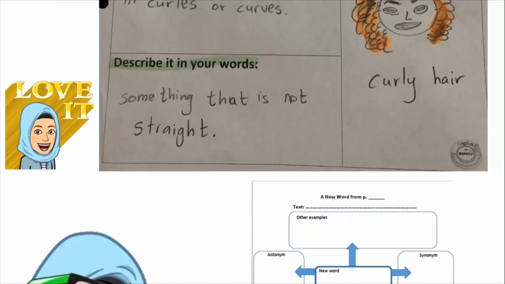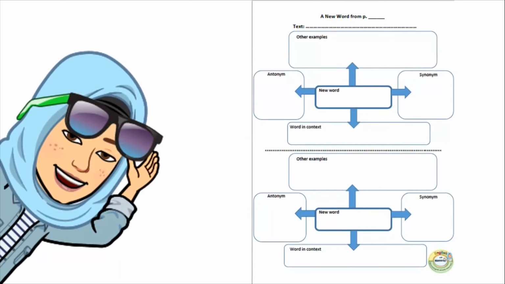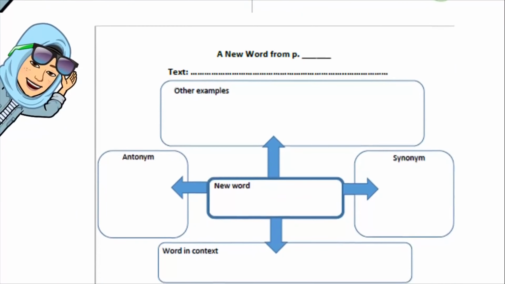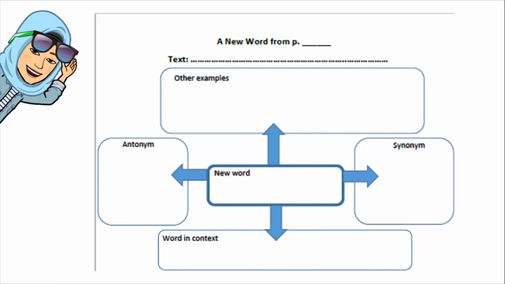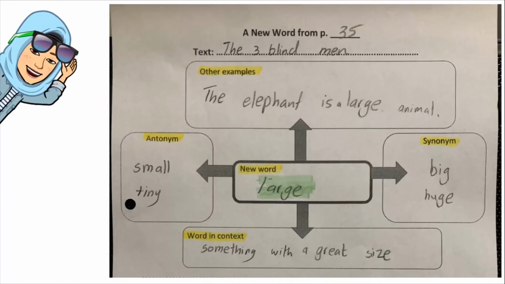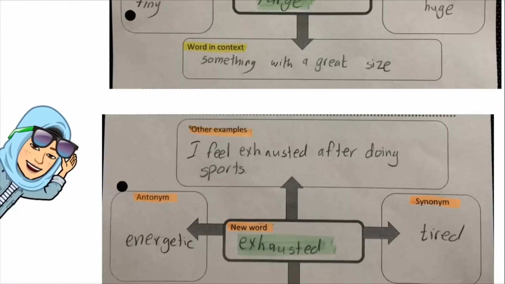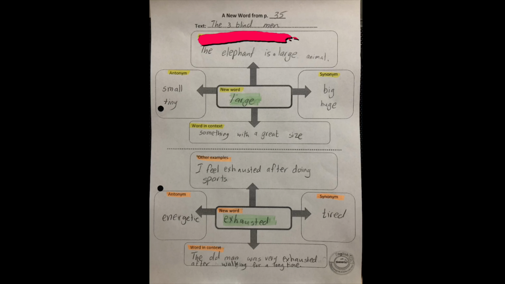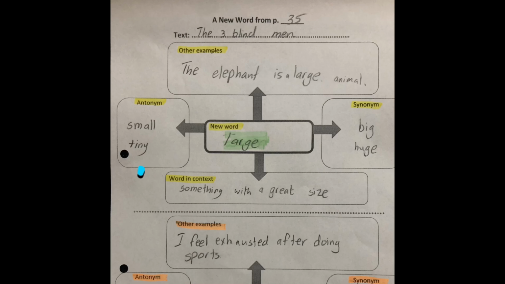Worksheet number 3. First, the students write what page the new word they have learned is from, and also the title of the text as well.